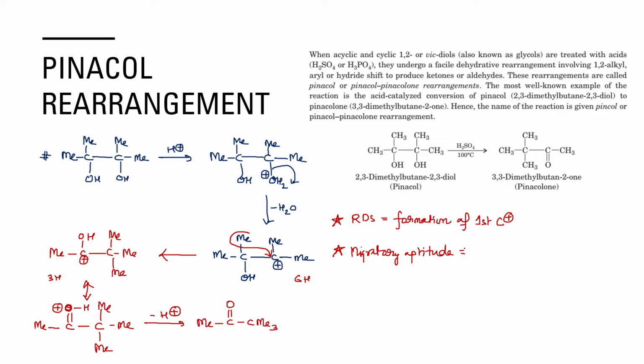The migratory aptitude of H will be more than Ph, which will be more than Me. Or Ph with an electron donating group will be more than Ph with an electron withdrawing group. Most of the cases में इन्हीं दो चीजों से आपका रिजल्ट निकल के आ जाएगा.